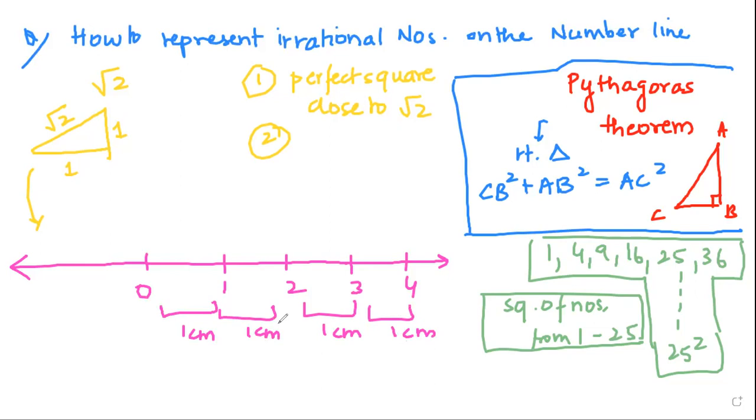Once you are done with this, you can draw a horizontal line of 1 centimeter here on 1 itself. Right? Okay. Tell me when you are done till here, then we'll go ahead. Done now.